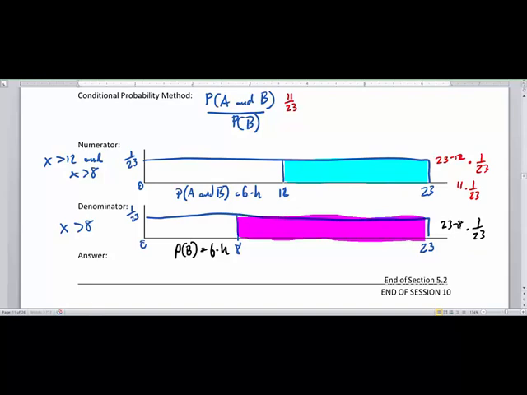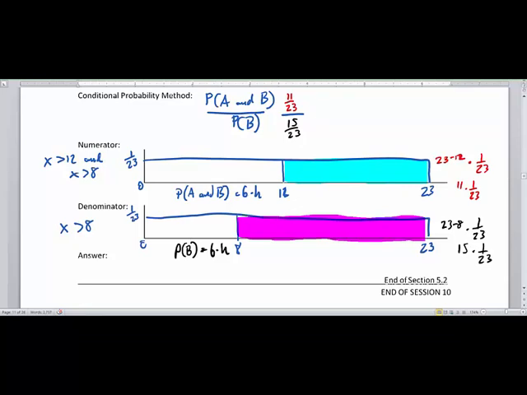And 23 minus 8 is 15, so 15 times 1/23rd, and 15 times 1/23rd is 15/23rds. So I got a fraction divided by a fraction. Now, if you have a calculator, you can type that in pretty easily: 11/23rds divided by 15/23rds, and you'll get an answer.